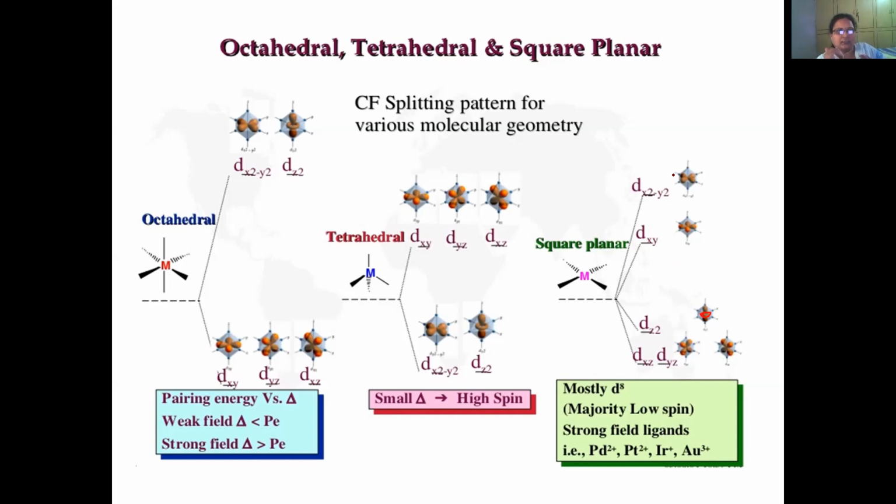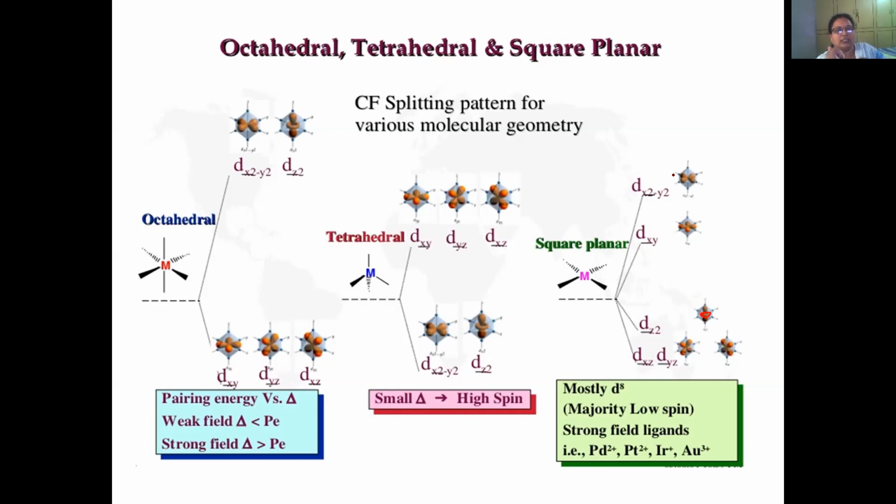Then dxy, whose lobes are in between the x and y axes. Then you have dz² because the node is present on the axis, and then dxz and dyz. So this is the main splitting pattern for square planar complexes.